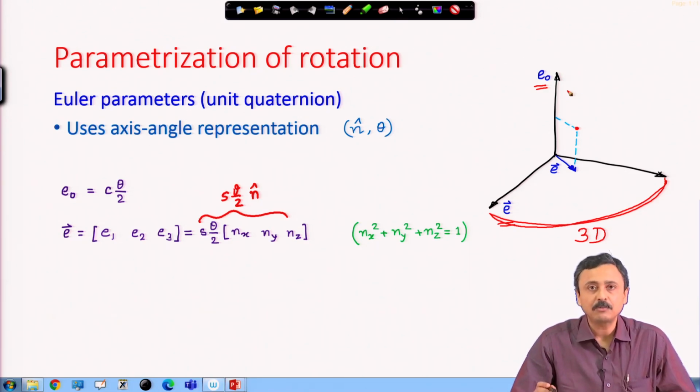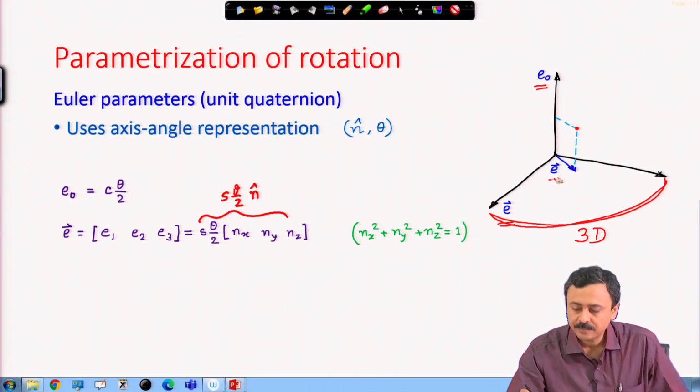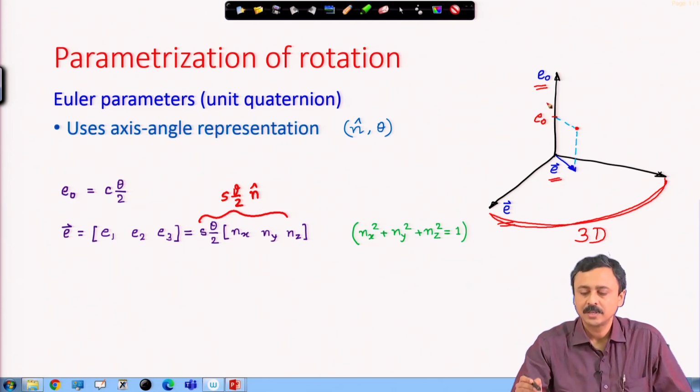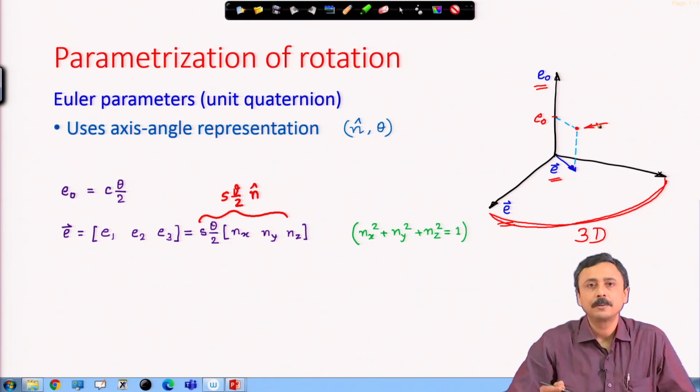Now, you have to stretch your imagination a little bit and think about representing a point in this 4 dimensional space. We have a vector E and a certain value of E naught, and therefore, this point represents an orientation of the body.